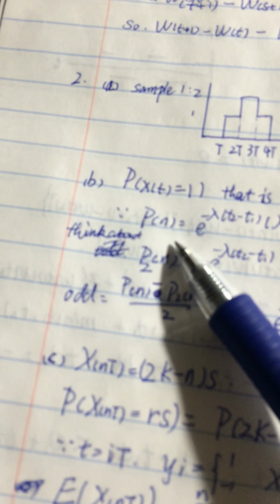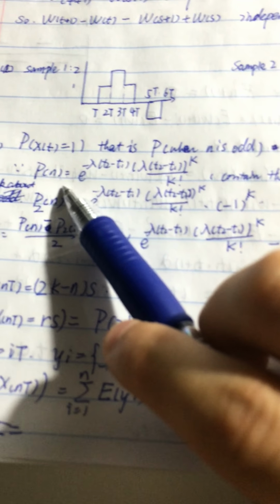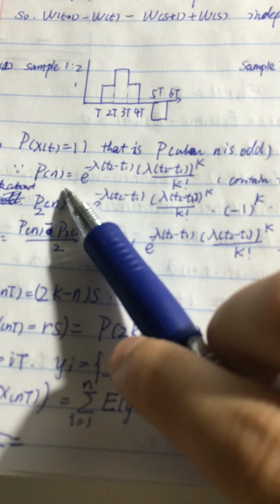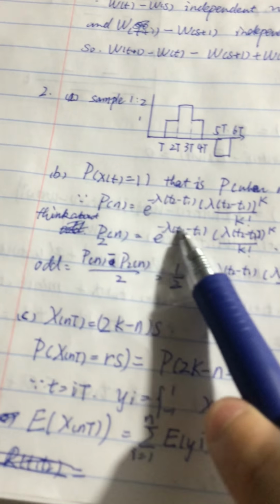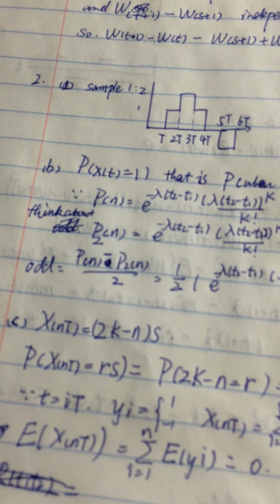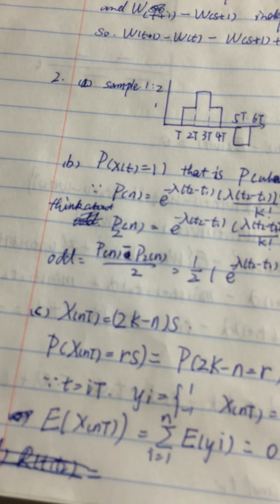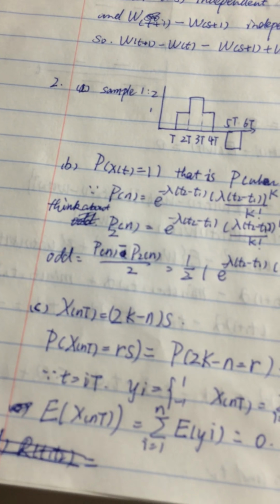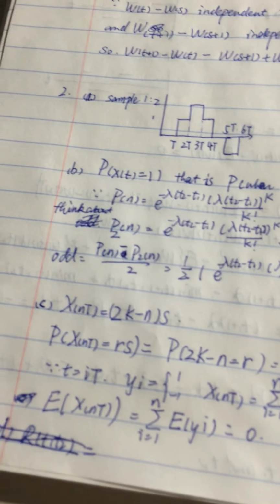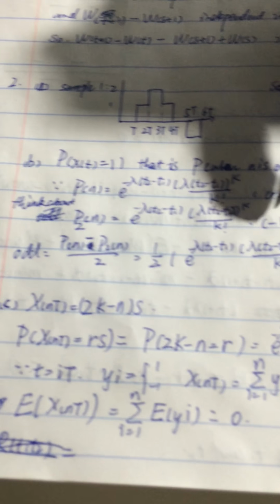We can see this is the P_n probability, and actually it is a Poisson process. And the second, if we think about it, we add the (-1)^n and we subtract them and get half of them.